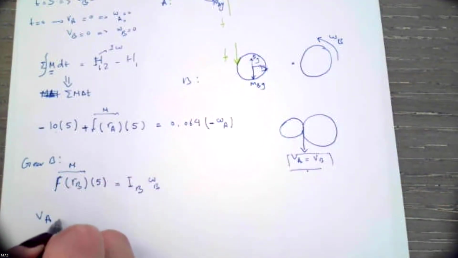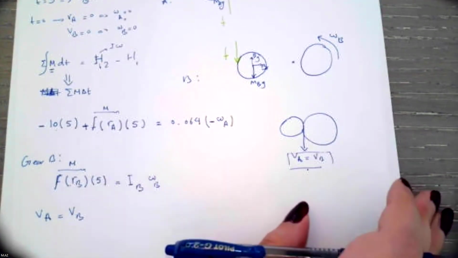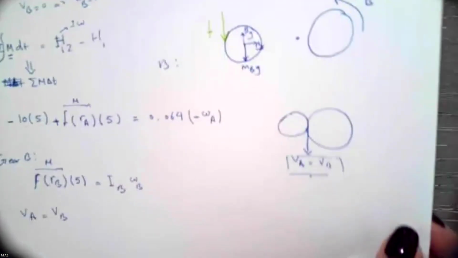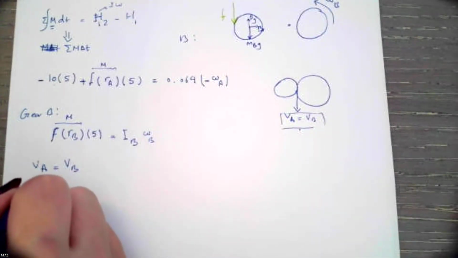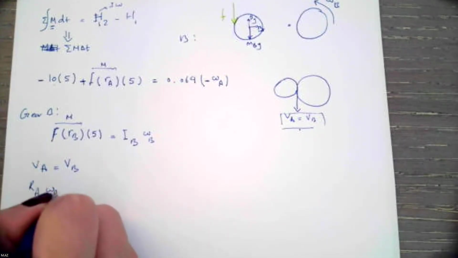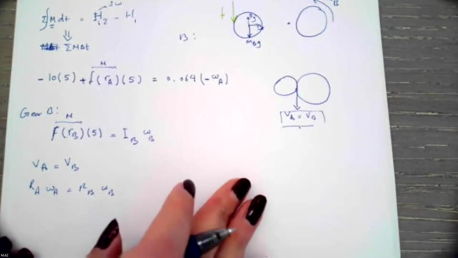The velocity of gear A and the velocity of gear B at the contact point between these two gears are the same: rA omega A equals rB omega B.